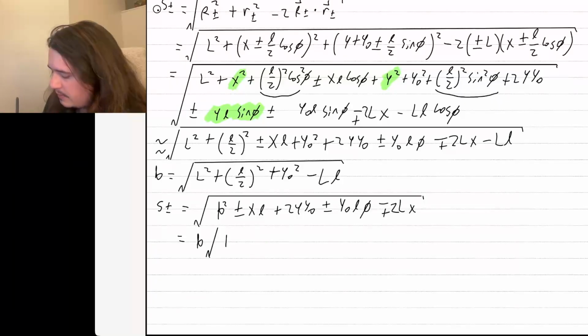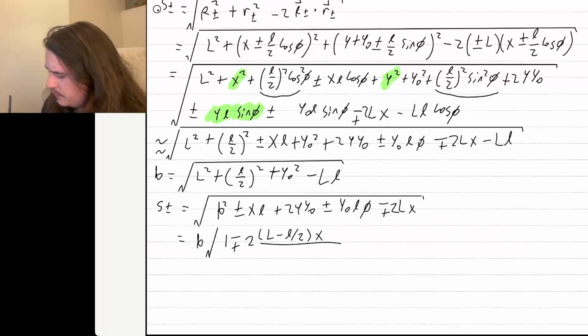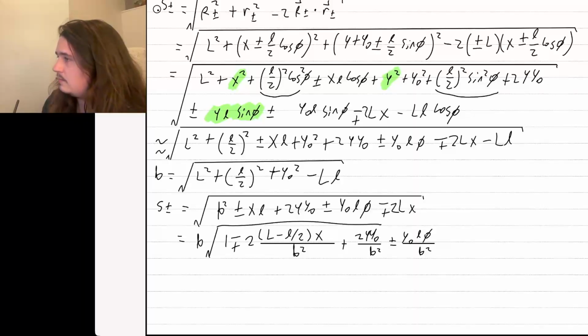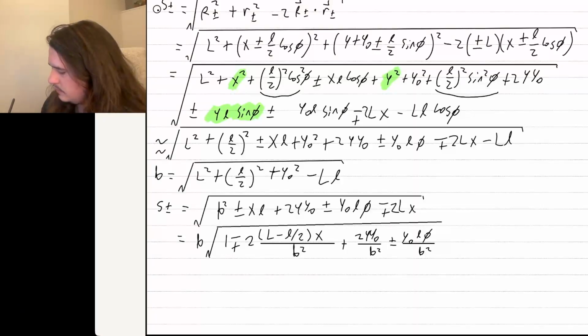So minus or plus 2 times L minus L over 2 times x, all of that over b squared minus or plus 2y y naught over b squared plus or minus y naught L phi over b squared. Right, this is looking good.